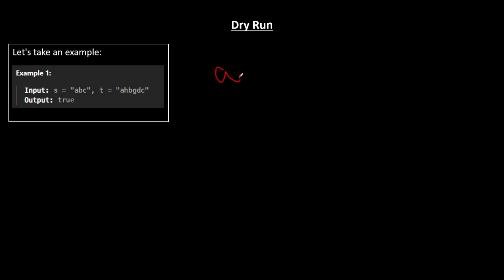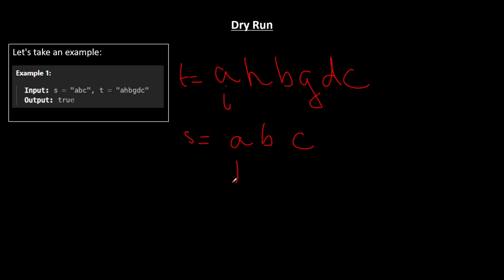Okay, A, H, B, G, D, C. This is T. S is equal to A, B, C. According to our code, i is here, j is here, and if both are equal, we increment j and we increment i also.